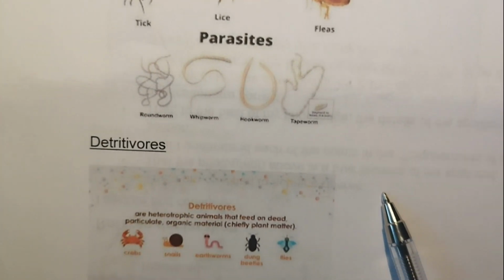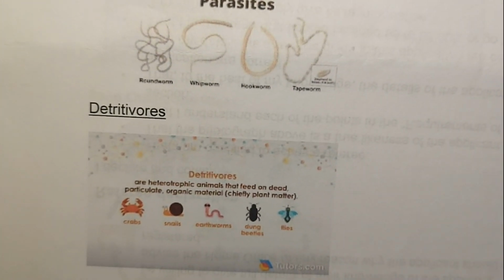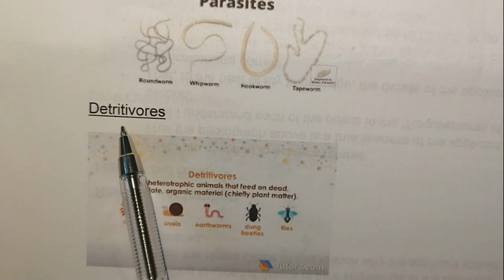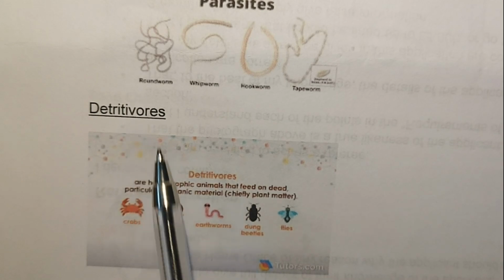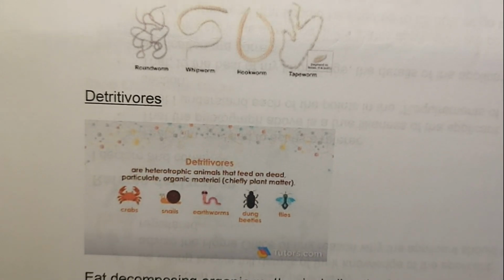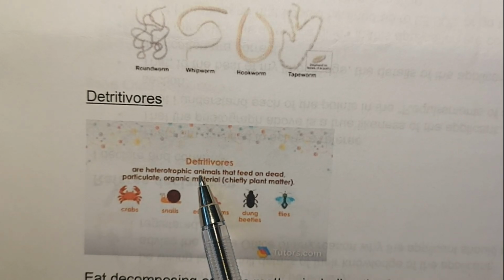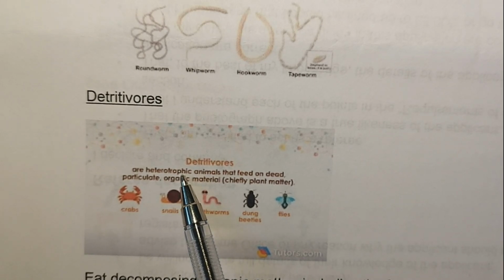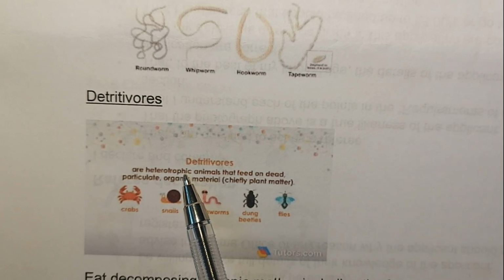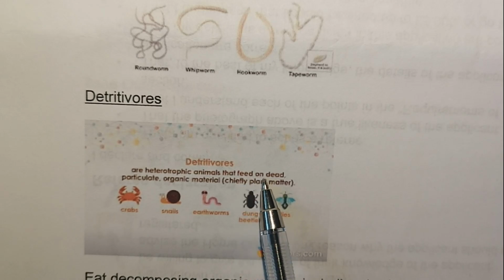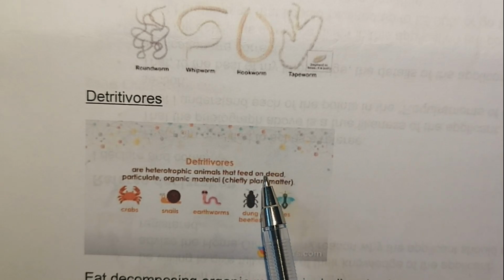And there is another interesting group of organisms that is called detritivores. Now detritivores are heterotrophic animals. Remember autotrophic and heterotrophic from your nutrition chapter. So they are dependent on others for their food. They are not autotrophics. These are the heterotrophics that feed on dead material.